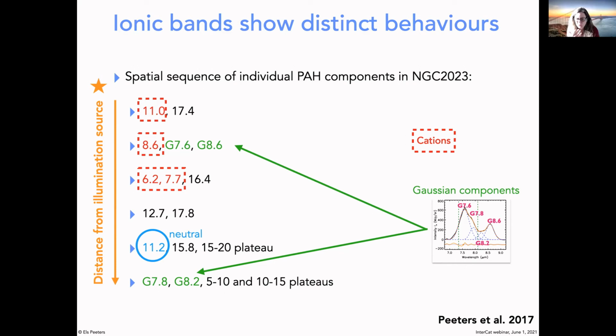The Gaussian components that we discussed in the previous slide, you have two components which are on the second line. The outer two components peak very close to the central star, but the inner two components peak furthest away from the star, where we see emission from the plateaus underlying the features, as well as the 11.2, which is assigned to neutral PAH.